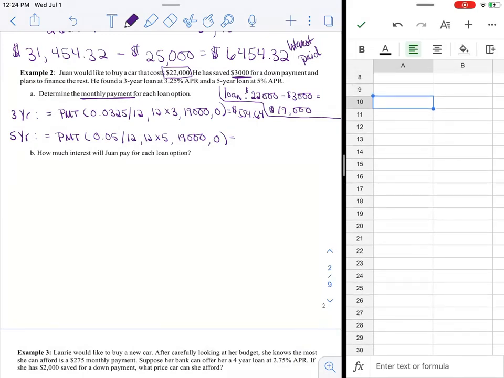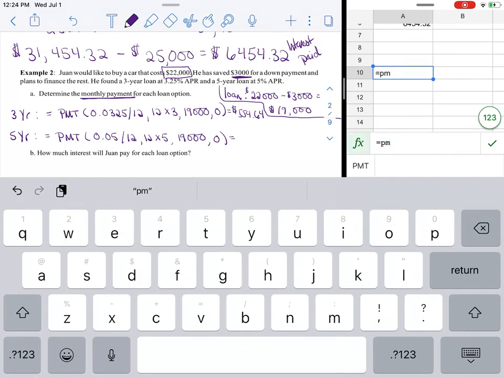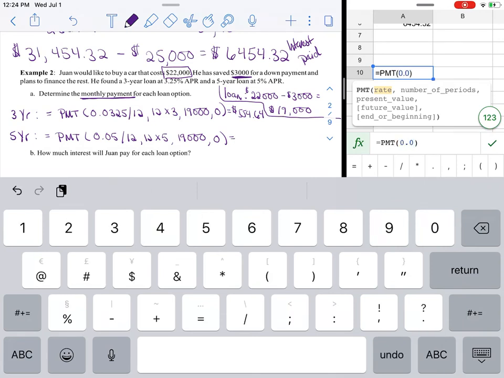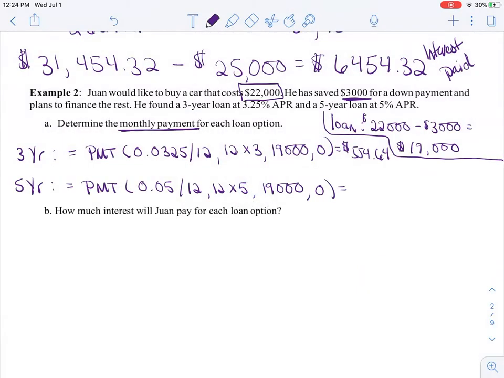So I'm going to go ahead and go in here. Equals, again, the payment function. My rate is 0.05 divided by 12. 12 times 5. Juan took out 19,000, and we want to get this down to 0. So my monthly payment will be $358.55. So let me go ahead and get rid of this so it's bigger for you.